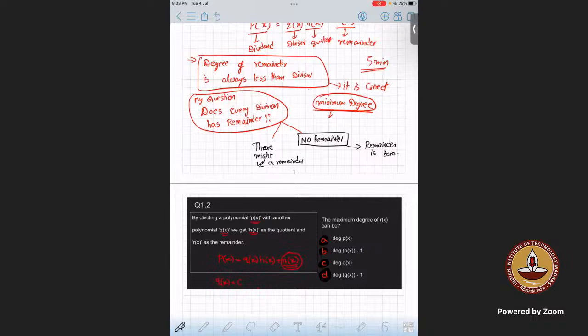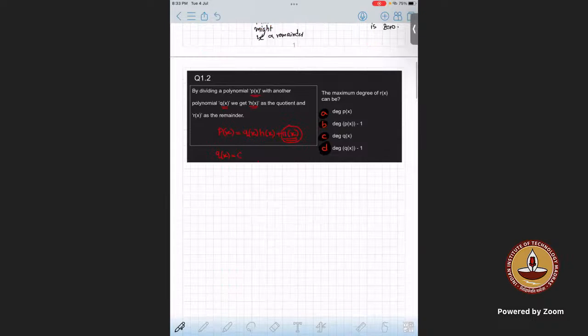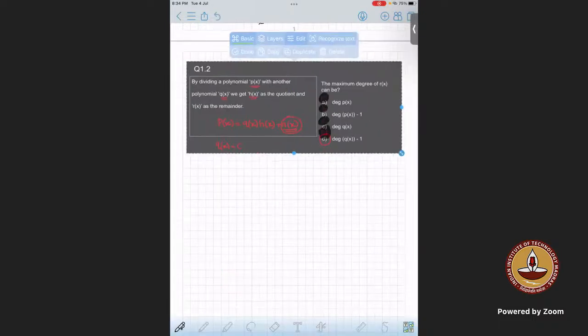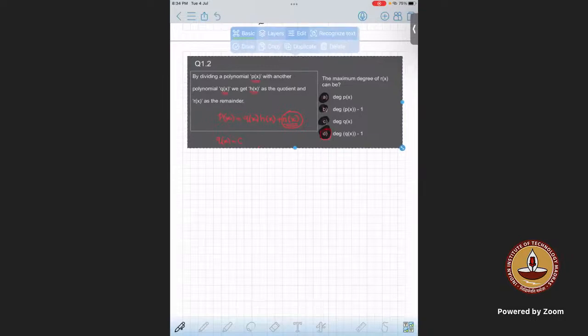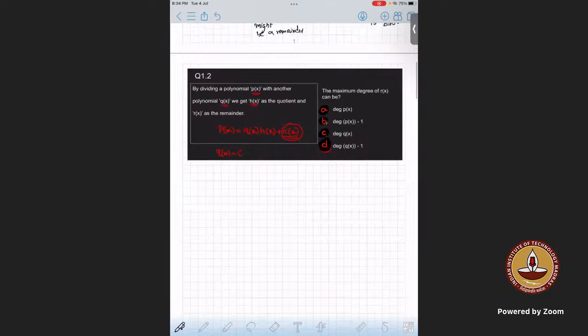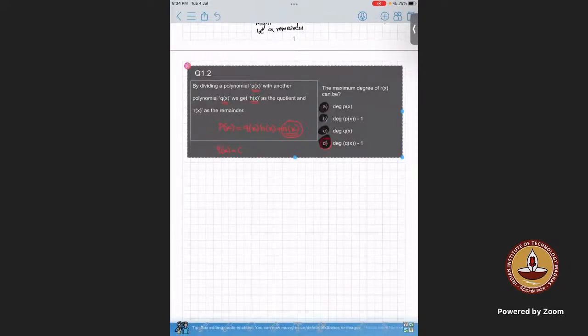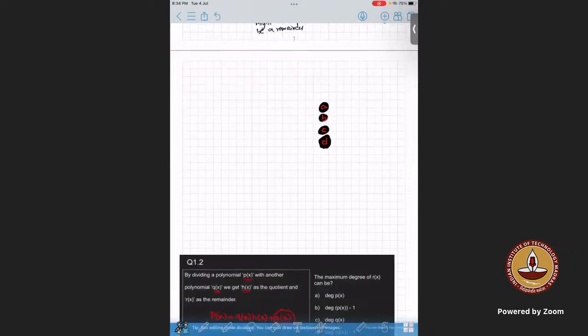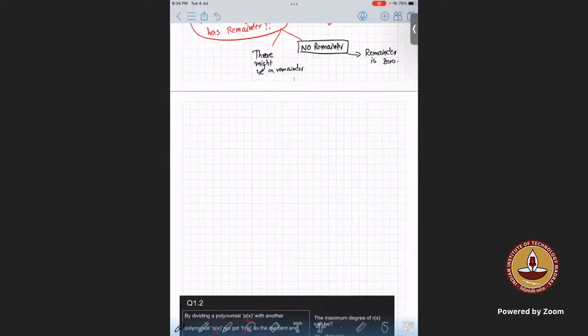For suppose we take the remainder case. Suppose we are dividing x square plus 3x plus 4 by x minus 1.